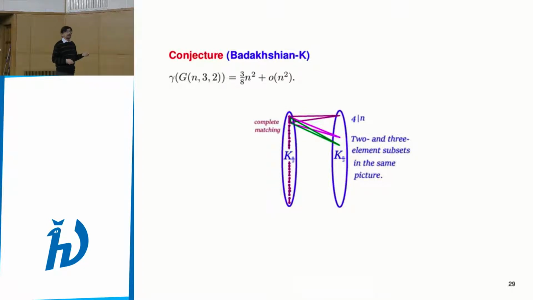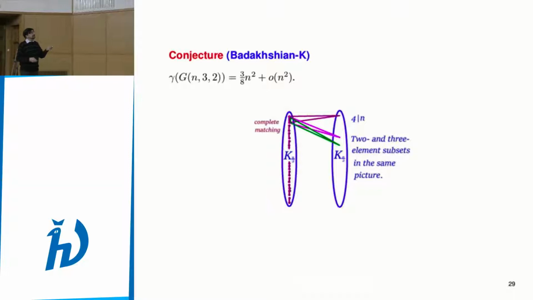And what about the triangles? If you take any triangle, then because we have two classes, at least two vertices of the triangle, or the 3-element set, must be on one side, say here or here, and then we have an edge which is a subset of the three-element set.